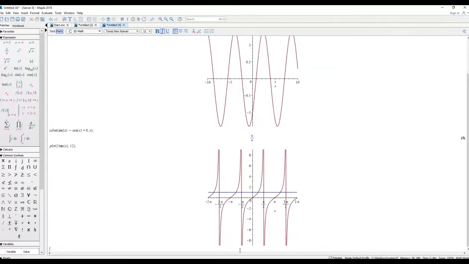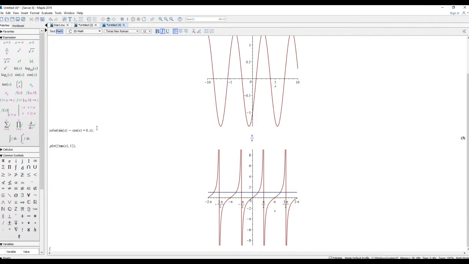You can see the red curves are the tan curves. The blue horizontal line is the line y equals 1. And they cut here, here, here, here. In fact, they're exactly the same places where this curve cuts the x-axis. So that's another way of doing it.